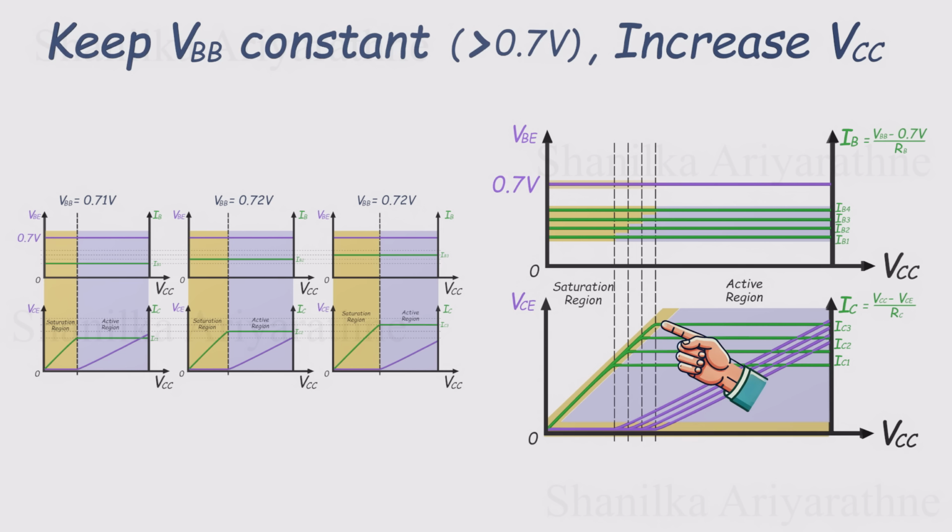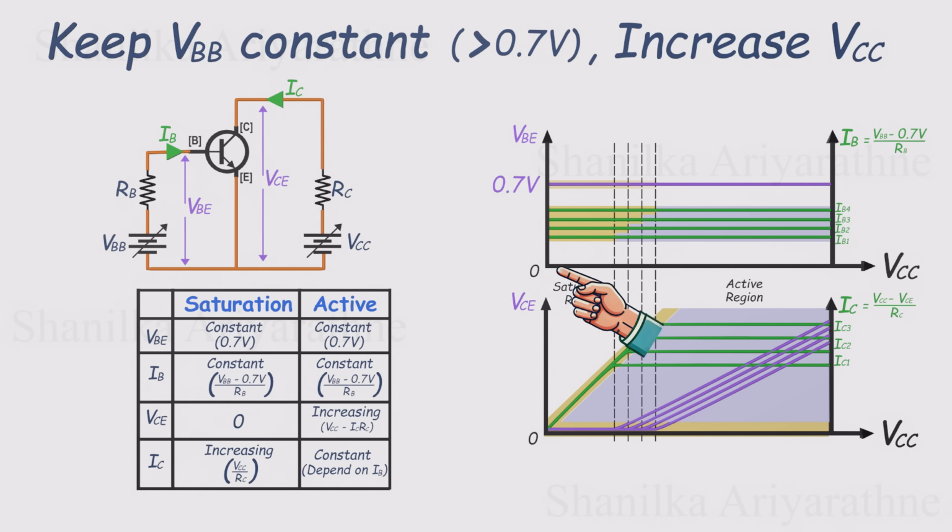This is the saturation region, where the transistor behaves like a fully closed switch, and current flows freely from collector to emitter as VCC rises. In this region, VCE stays close to zero. But once IC stops increasing, even though VCE continues to rise, we move into the active region. Here, IC stays constant, and it's completely controlled by the base current, IB.